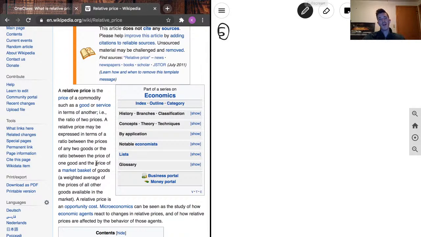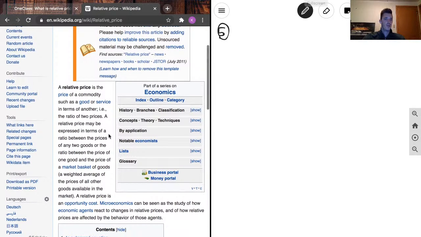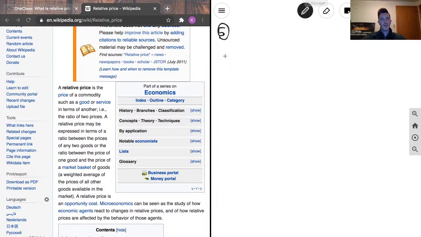Okay, the price of a commodity such as a good or service in terms of another, or the ratio of two prices. Right, so going back to a Mac computer and an orange. A Mac is like $1,500 maybe.